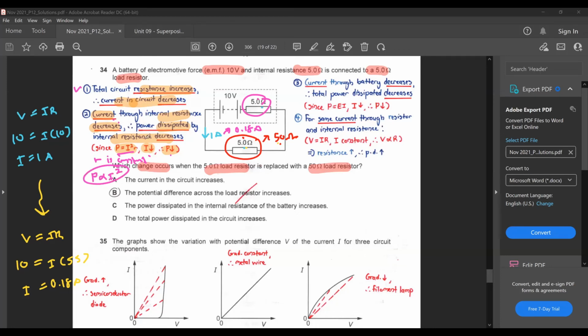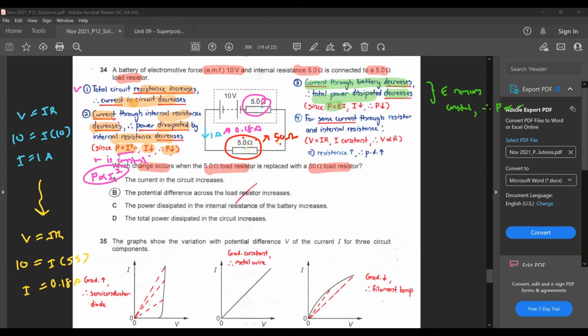I drops, P drops. And then you can also look at number 3. Because current through battery also decreases, the total power dissipated also decreases. Because P is equals to EI, E again remains constant. EMF value remains constant.